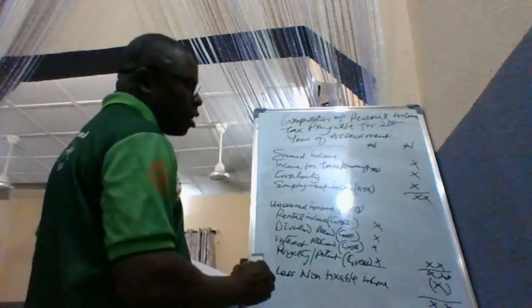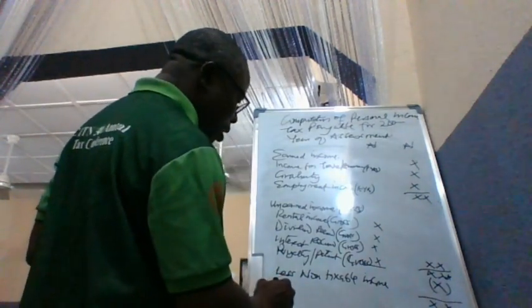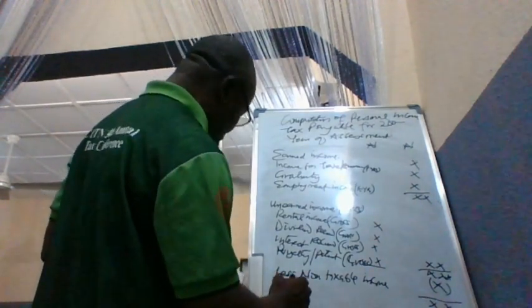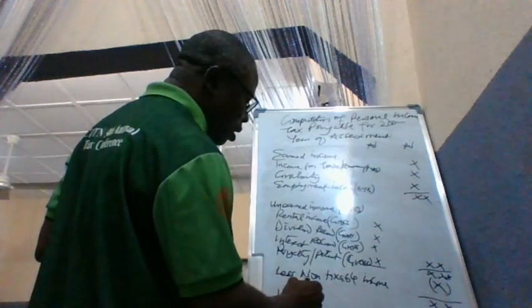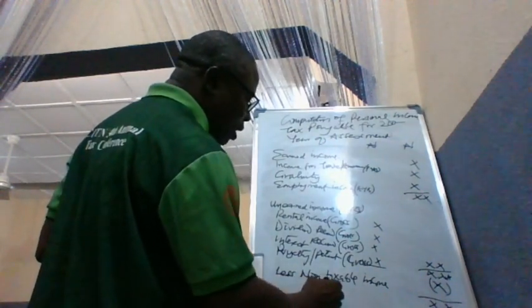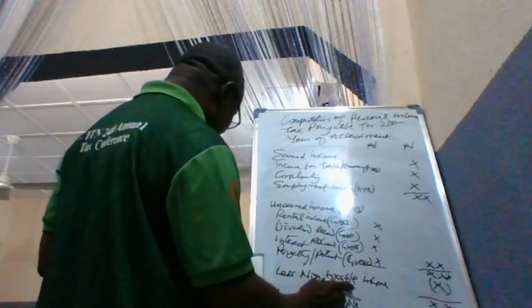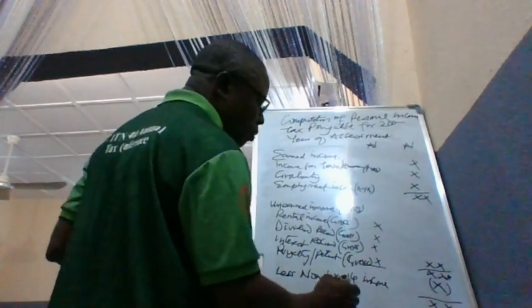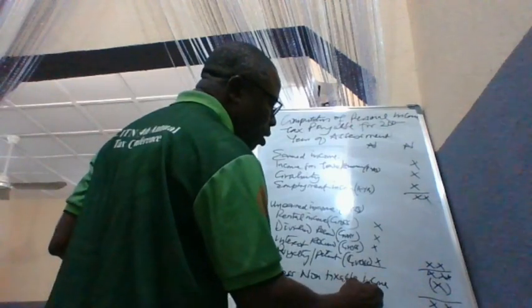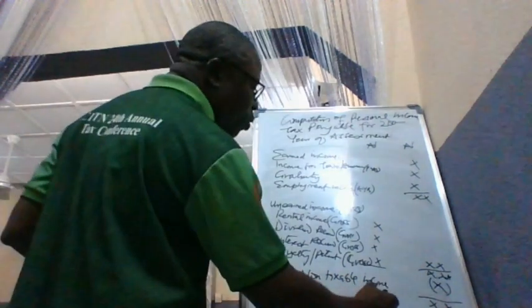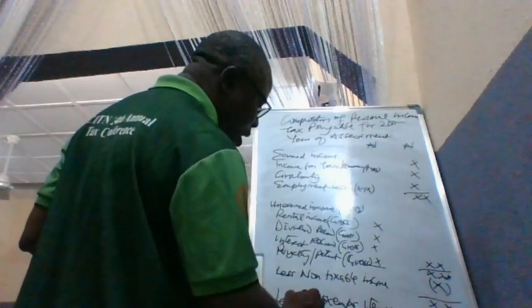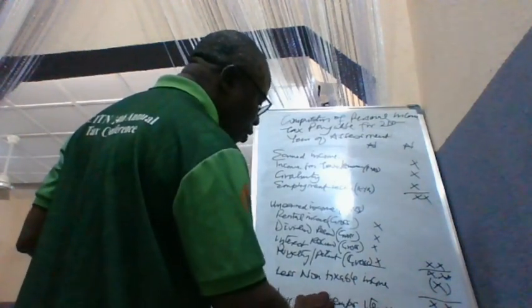Then the next one will be less tax exempt items. List them down if possible.